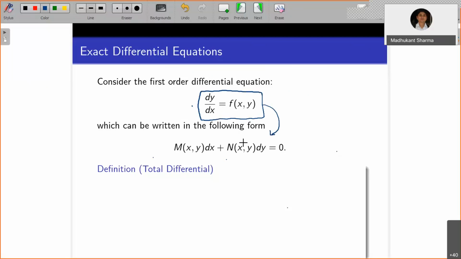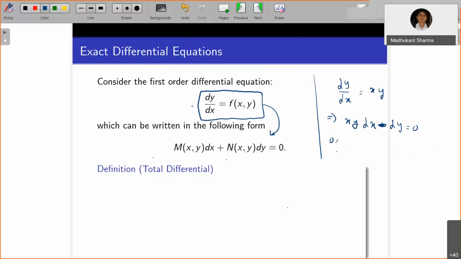If you have this, for example, I will give you one or two examples. Let's say dy by dx equals x into y. This implies I can write x y dx minus dy equals 0.